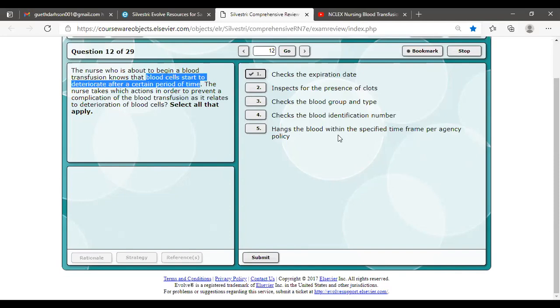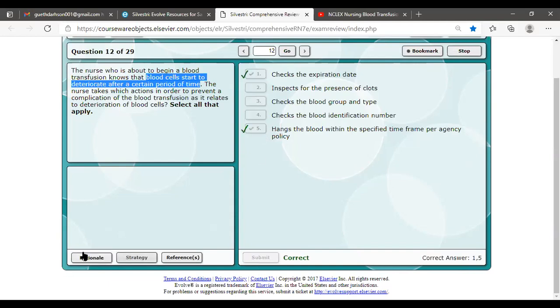So if time is expired or if you give it over a longer time, definitely it is not healthy for the patient, because blood cells survive outside the body only for a particular time. So if you do something according to your own choice, it is not allowed. We have to follow the national guideline. We have to follow the agency policies. This is also a good choice.